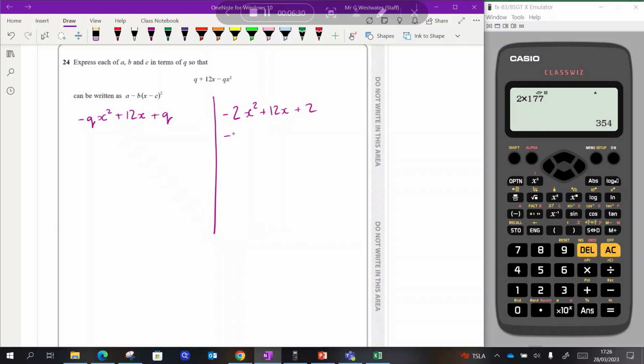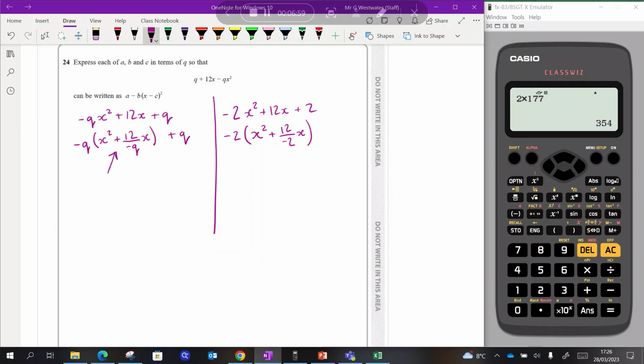So I would take out minus 2, and that would leave me with x squared plus 12 over minus 2 x. I know this can be simplified, but because I'm doing everything with algebra here, this was just to demonstrate the step that's going on. So minus q into x squared plus 12 over minus q x, and then plus q still to go.